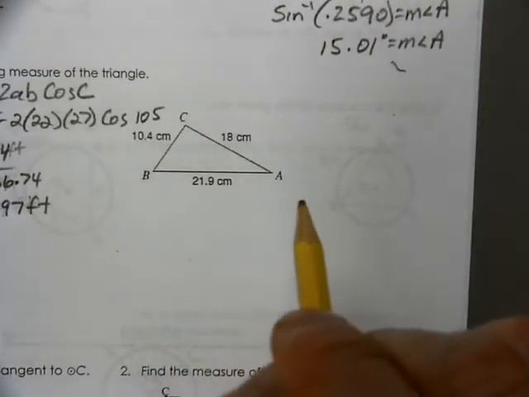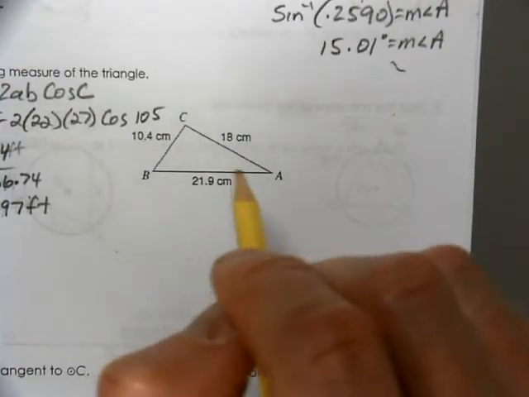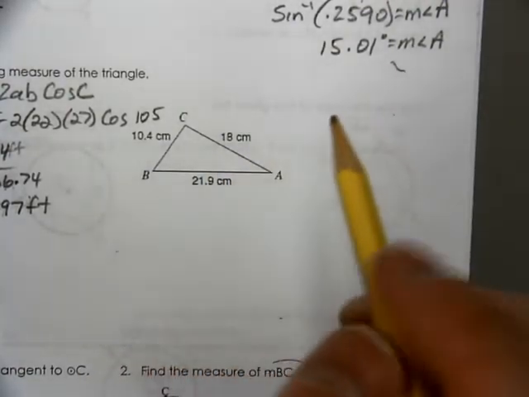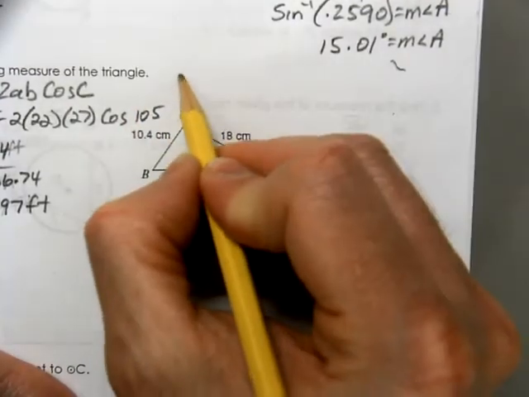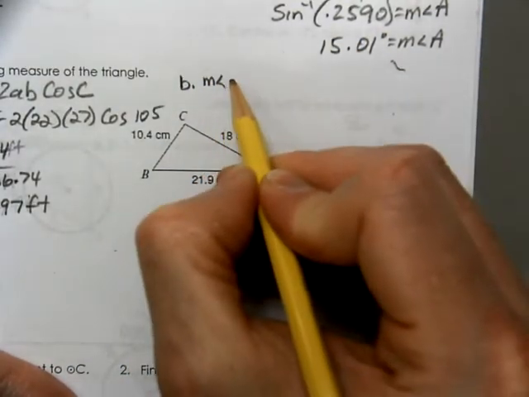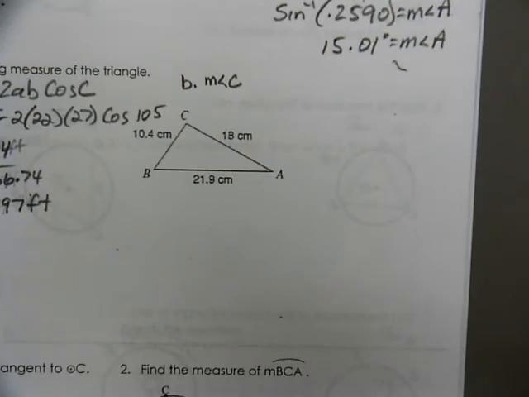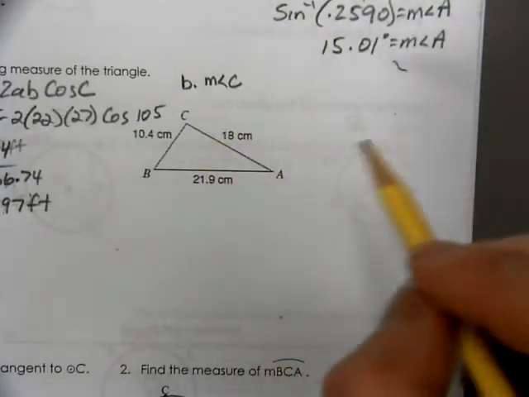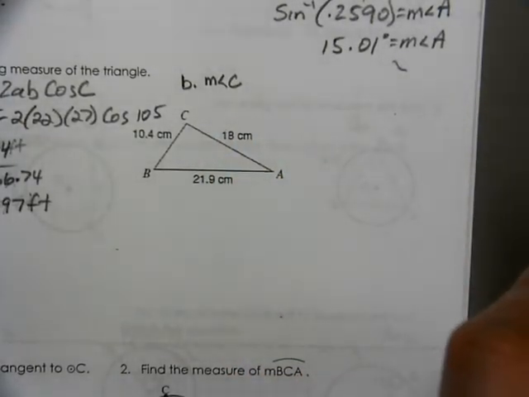So for this one, it doesn't say specifically what to solve for. We're going to solve for the measurement of angle C. When you're using law of cosines, we have to solve for the largest side.